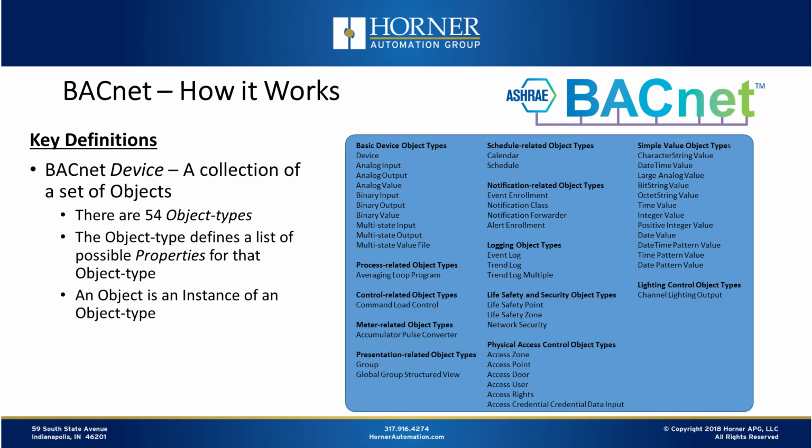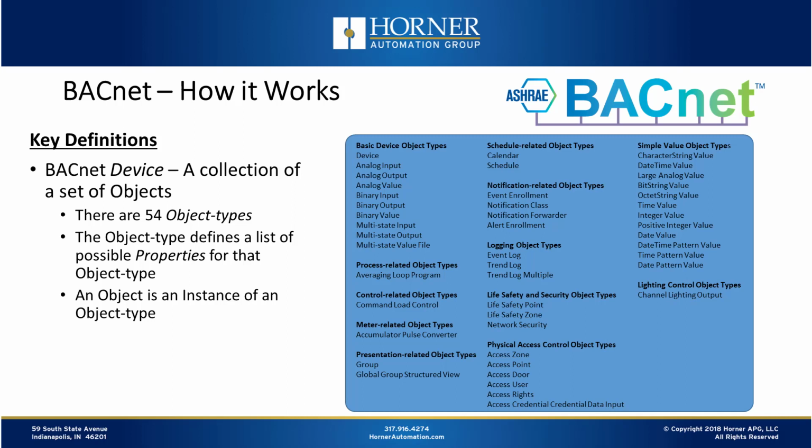Now, that being said, most devices fall under the basic device object types that are listed first there in the top left corner. So even though there's a lot of flexibility and a lot of potential detail and different types of objects, a lion's share of the devices out there use the basic device object types. So the object type defines a list of possible properties for that object type.